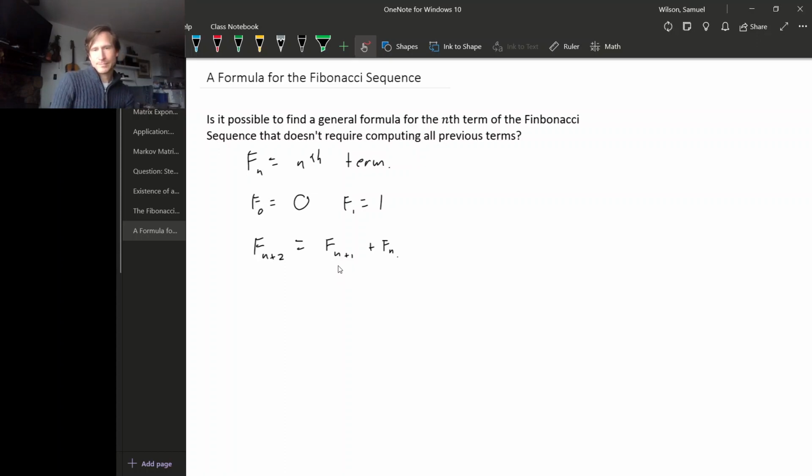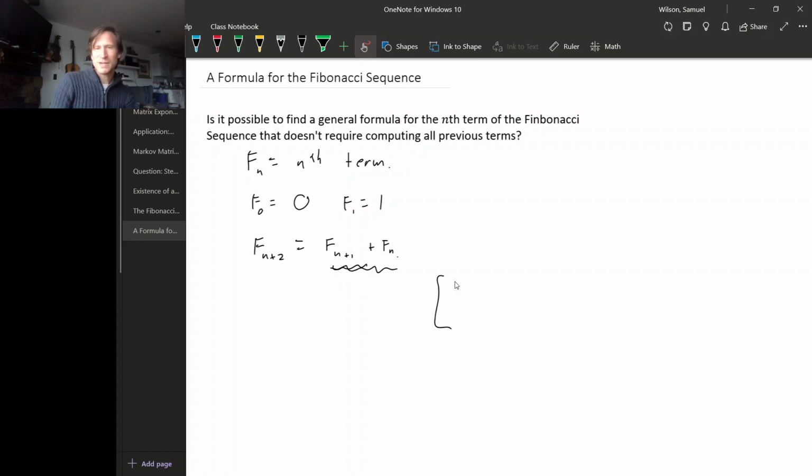Well, if we want to get all of our matrix algebra tricks into the game, we should try to rephrase this in terms of matrices somehow. And it looks like this right hand side is trying to be a matrix, right?